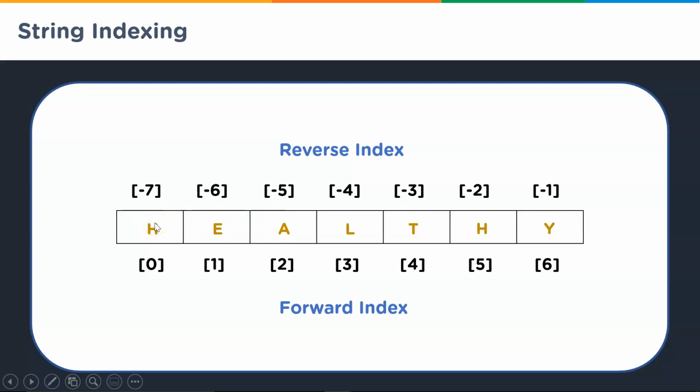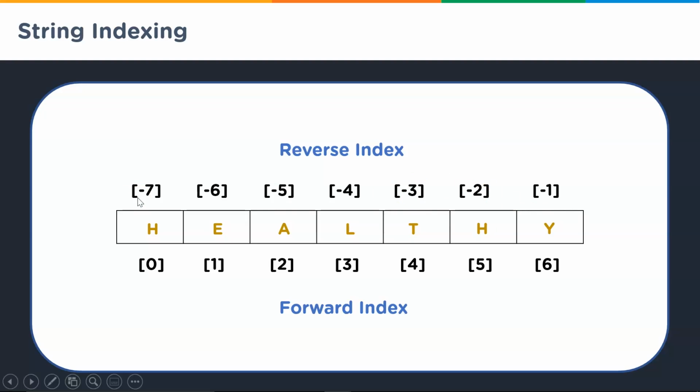As I said, the first index is at the 0th position, so H is at 0, E is at the first index, A is at the second index, and so on. Similarly, negative indexing starts with -1 in reverse order. So we have -1 for Y, -2 for H, -3 for T, and so on.